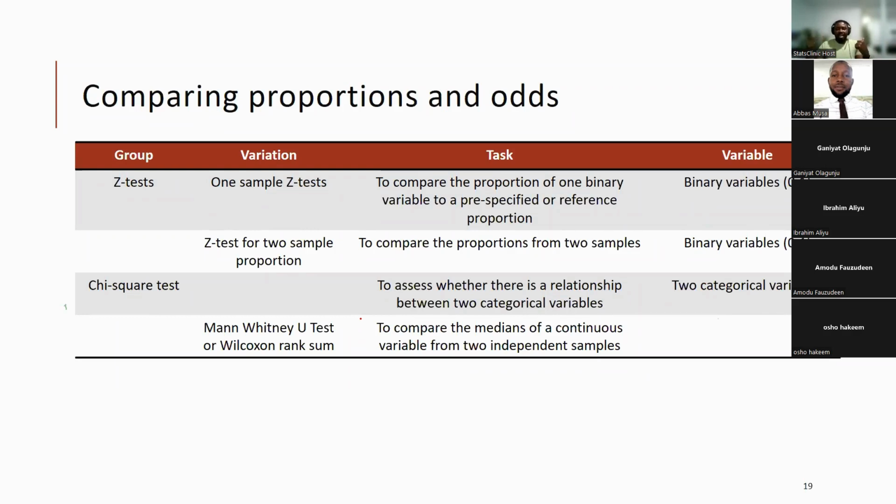Now, we have the same situation in the z-test. Say, for instance, you know that among the patients that you've usually seen in this population, let's say you are a medical doctor, a gynecologist at Ainke House. Ainke House is a large maternal health facility in Lagos, right?